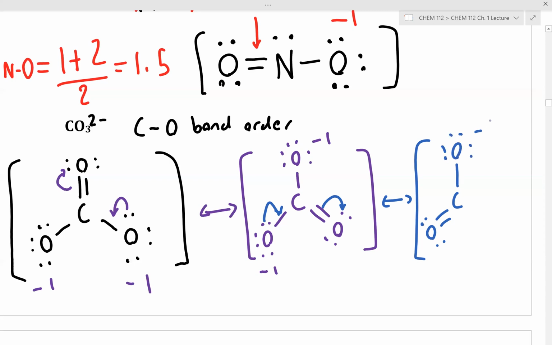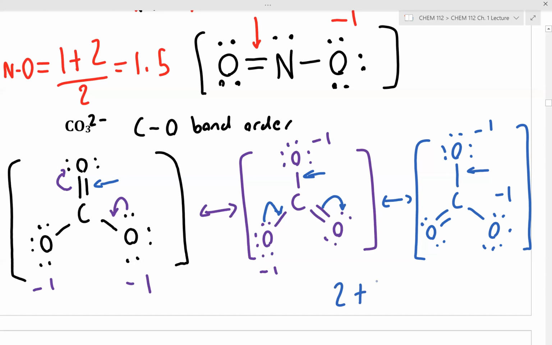Now, the reason why we're going through this is because when we look at calculating our bond order, let's take a look at a very specific carbon-oxygen bond. Let's look at this topmost carbon-oxygen bond. In the structure on the left, what's the bond order? 2.